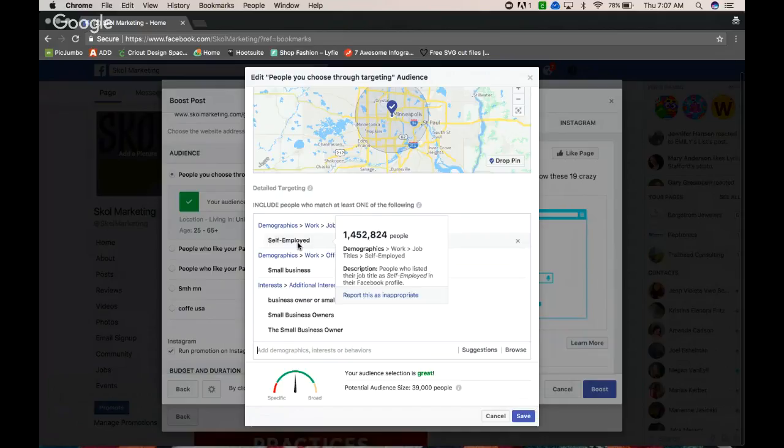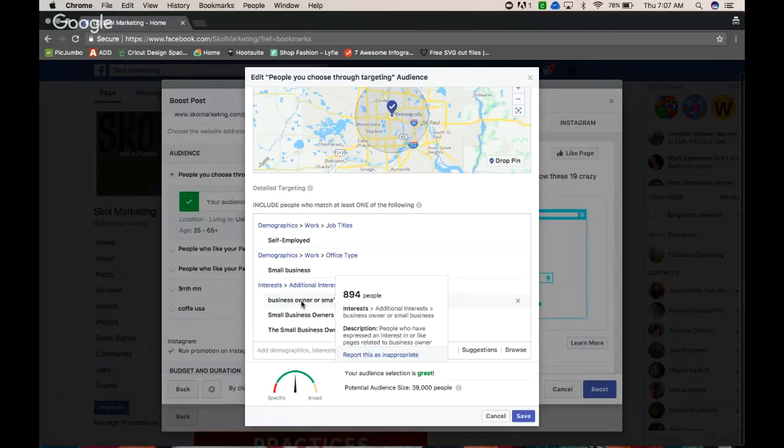So I can see that for small business owners, there's approximately 894 people that Facebook can target in the area that I've designated. Could be local, could be national, whatever you are targeting.